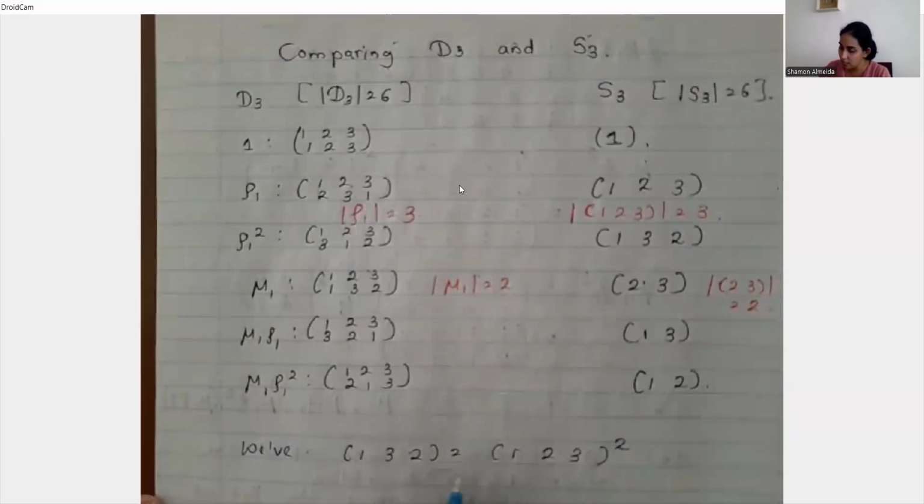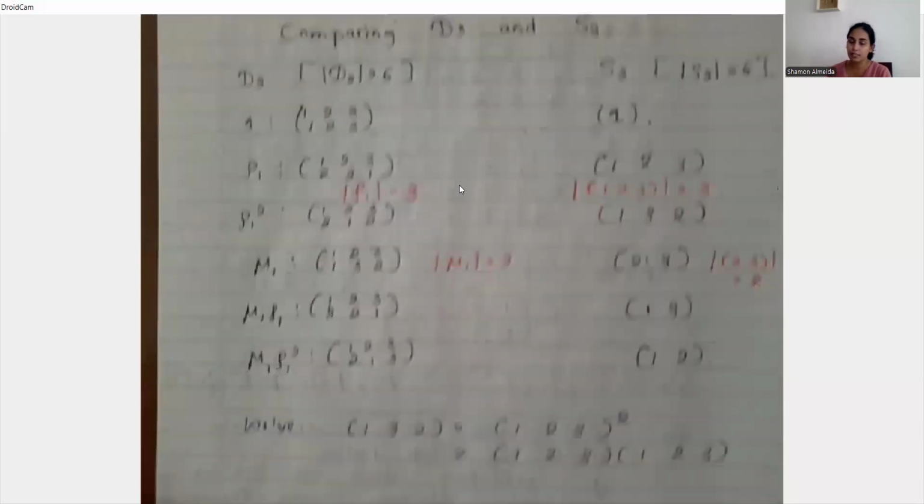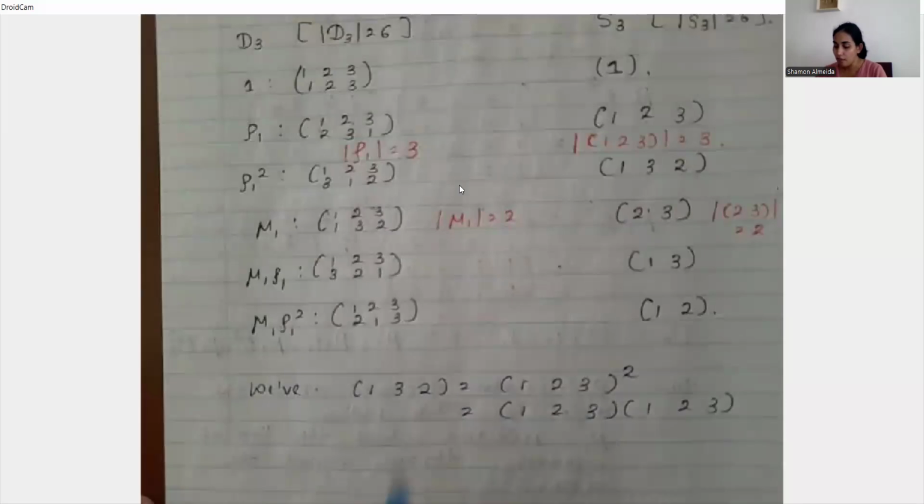Squaring means we are taking the composition of this cycle by itself. 1 is sent to 2, 2 is sent to 3. So 1 is sent to 3. Then 3 is sent to 1, 1 is sent to 2. So 3 is sent to 2, this same element. So now you see 1, 3, 2.